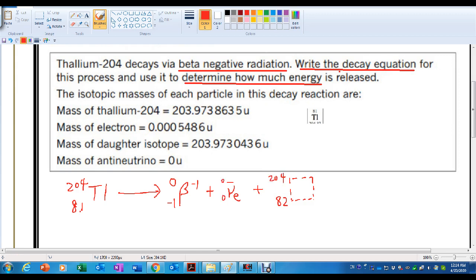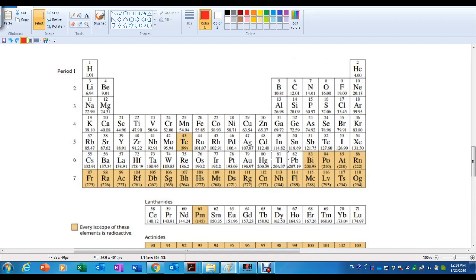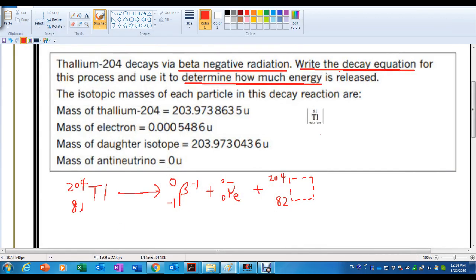Remember, for the anti-neutrino or neutrino, it will always be 0, 0. So 82 204, what's this? 82 should be this one. Pb, that means lead. So we got the daughter.